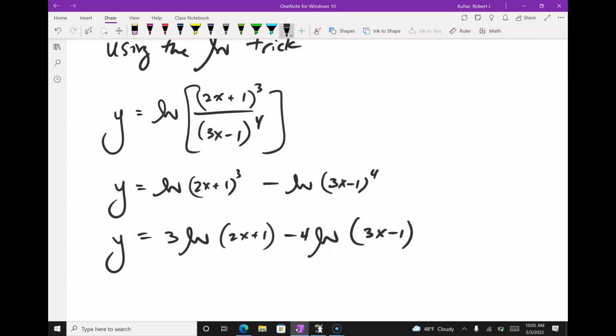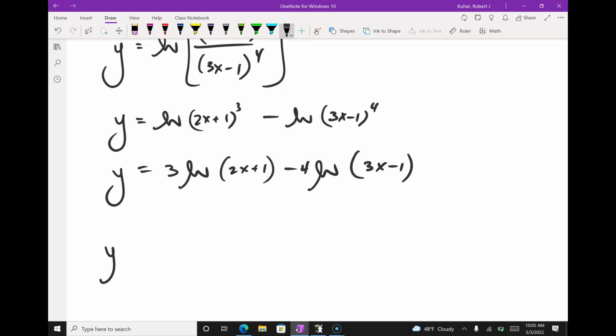Now I'm ready to take the derivative, much easier, right? So here we go, y prime. 3 times, what's the derivative of the inside? 2 over the inside. Oh my God, look how much easier that is. Minus 4 times, what's the derivative of the inside? Over the inside.